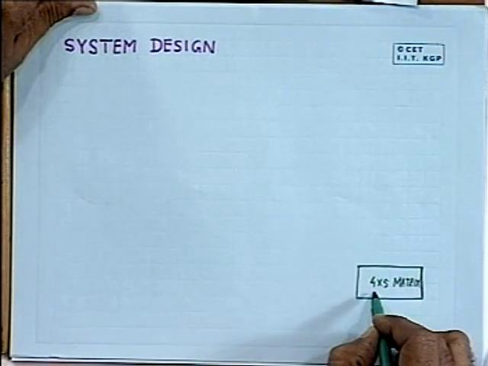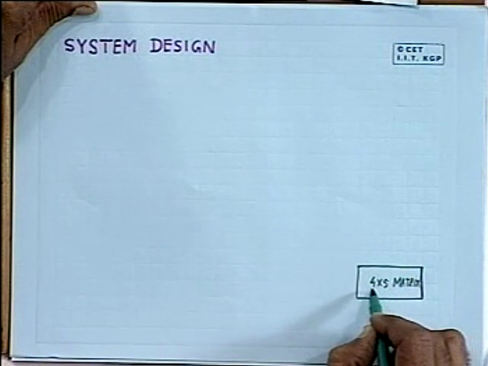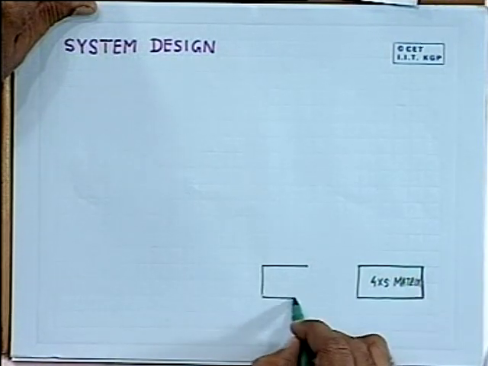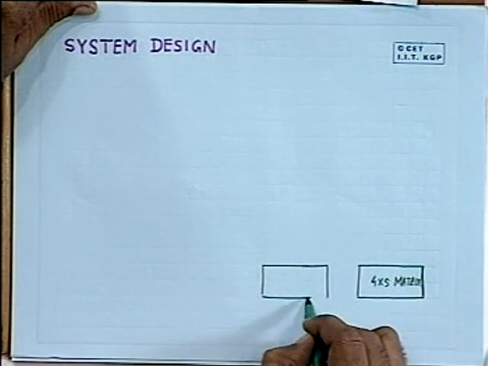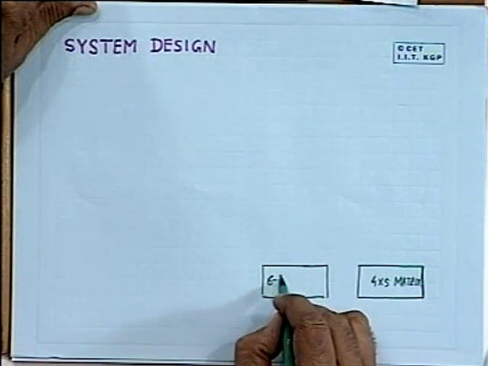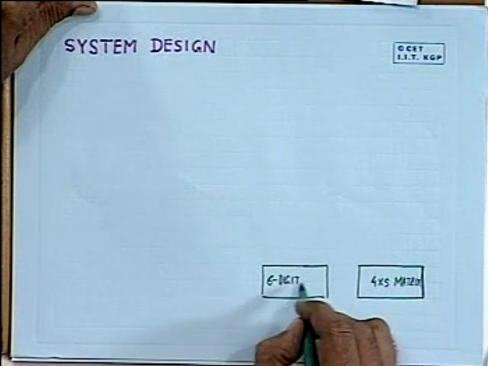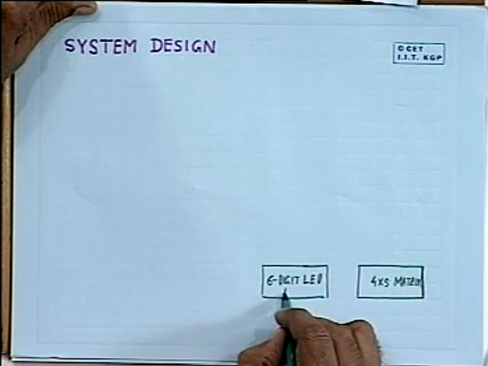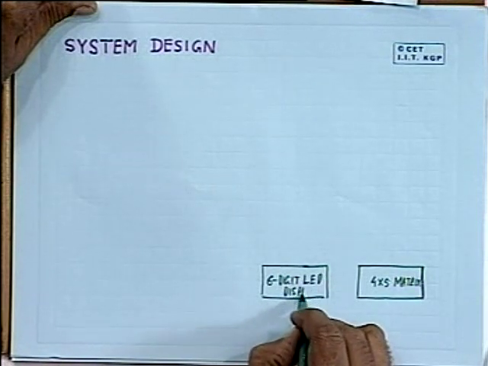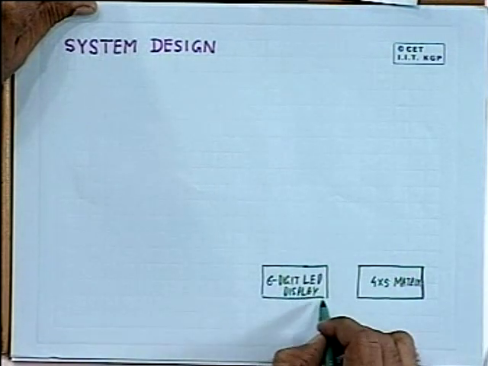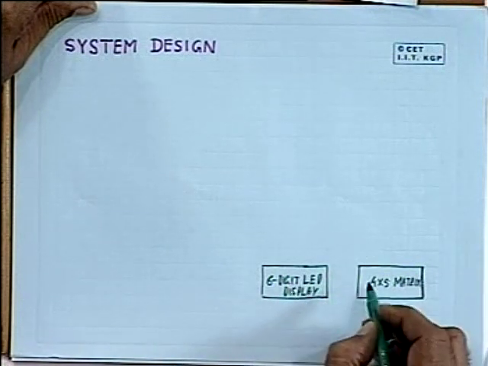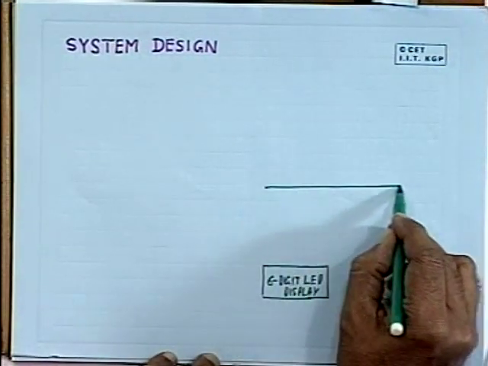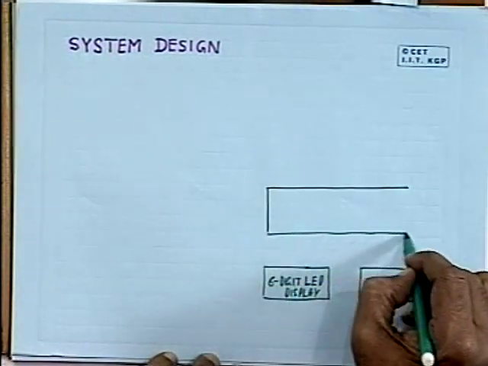That means it has got 5 rows and 4 columns, and we have to use 6 digit 7 segment LED displays for display purpose. These two, as I have told, are to be interfaced through 8279.